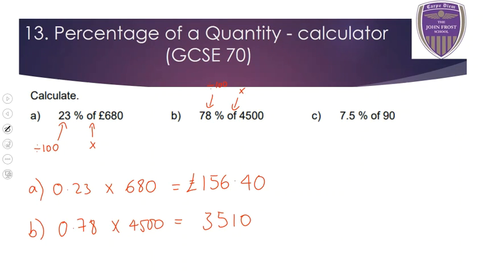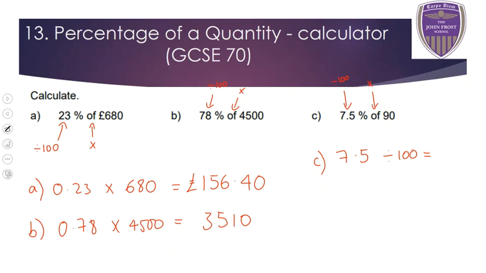And even with this one, it's still exactly the same method. So we still divide this by 100 to make it into a decimal. That still means times. And if you need to use your calculator for the dividing by 100, then do it. So I'm going to put into my calculator 7.5 divided by 100. Because as long as we get our decimal right, that's our multiplier.